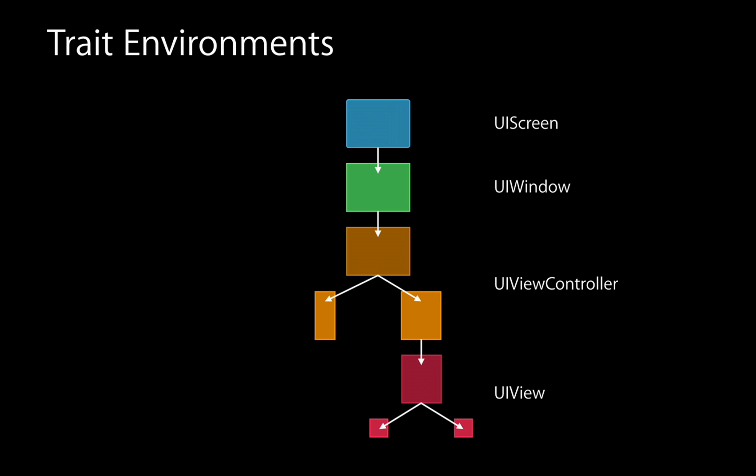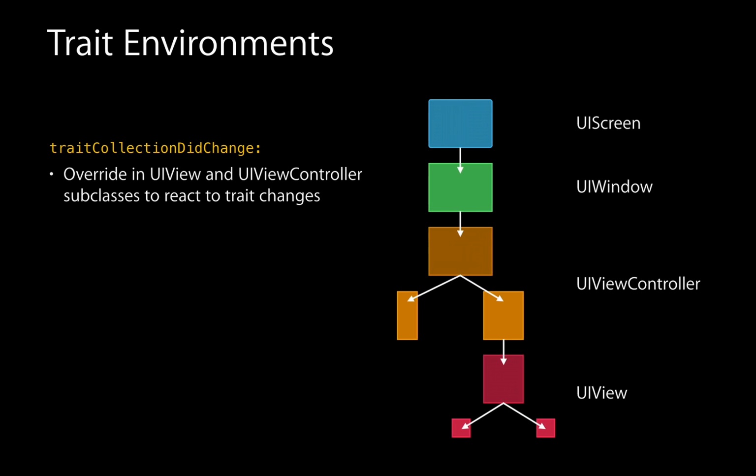Now, in addition to getting the current trait collection from trait environments, they also have another method, and that's traitCollectionDidChange. This gets called whenever the traits for a given trait environment have just changed. And you can override this in your view controller or view subclass to know when you should be changing all of your UI elements that depend on traits. And we'll see an example of that a little bit later in our sample application.